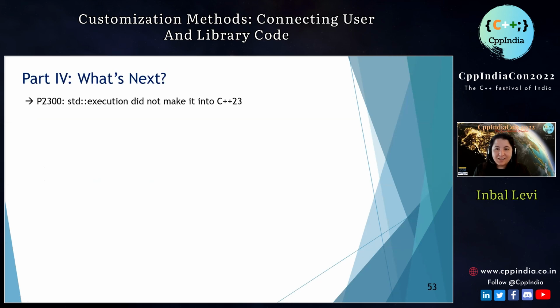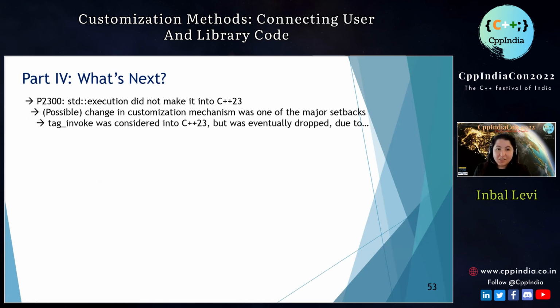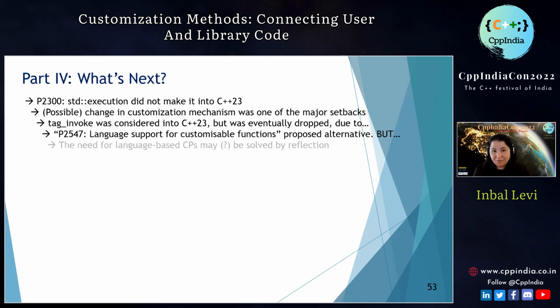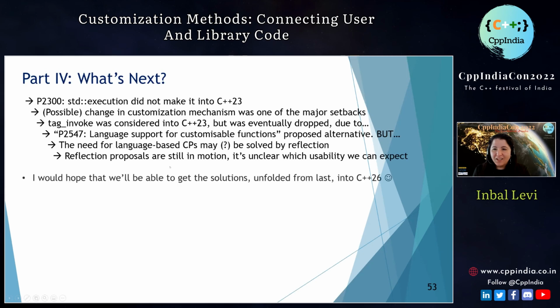So as I mentioned, execution, which wanted to use tag invoke, didn't make it to C++23. Possible changes in customization points might have been the reason. Tag invoke is basically neglected right now, but language customizable functions is the thing that is trying to replace it, using the language mechanism. And maybe reflection can solve those problems, but we don't know how reflection is going to look because it's still being debated for 26.